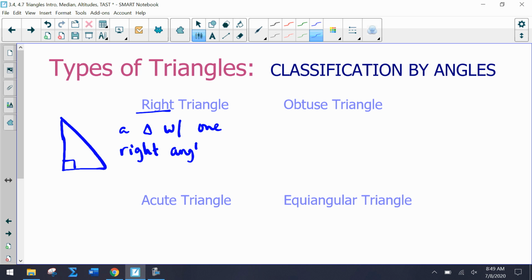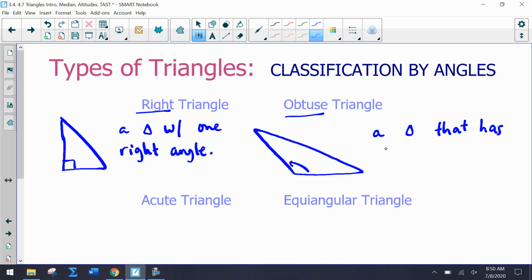We're going to talk more about right triangles later on in the unit, but for now, that's a good definition. An obtuse triangle, maybe we didn't think about, but an obtuse triangle is a triangle that has one obtuse angle.